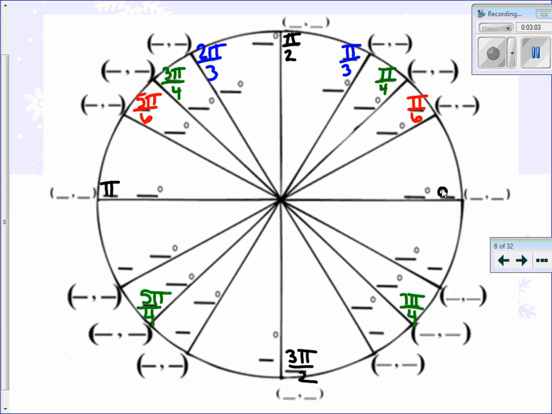Then we come to the next one, and that's 7 pi over 6. Skip our 5 pi over 4. Go down, that's 8 pi over 6, which simplifies to 4 pi over 3. Come down, 3 pi over 2 is really going to be 9 pi over 6.